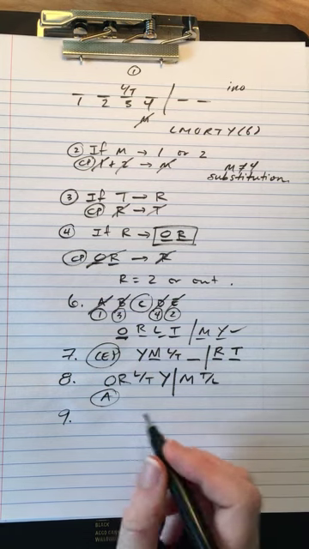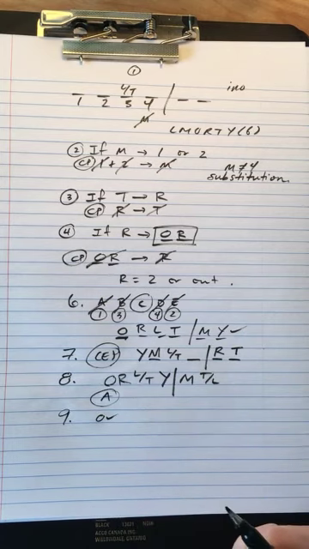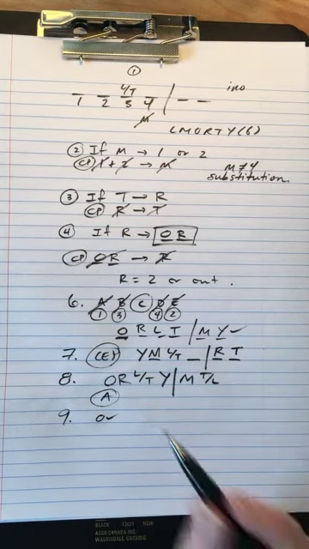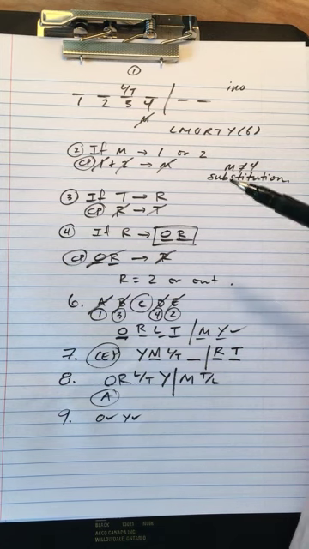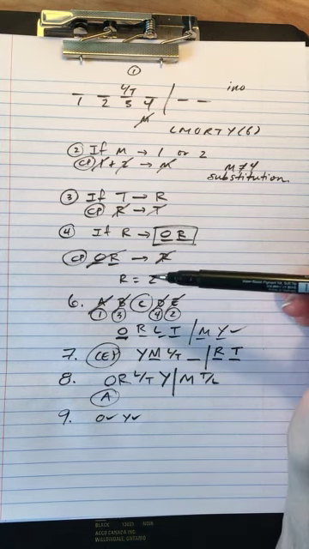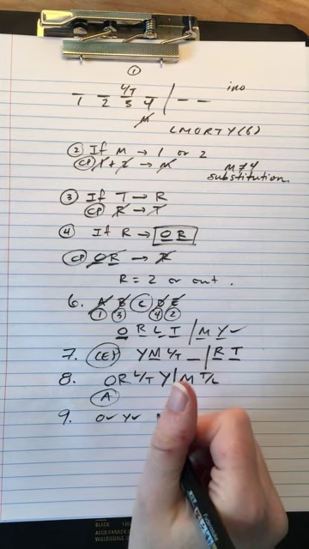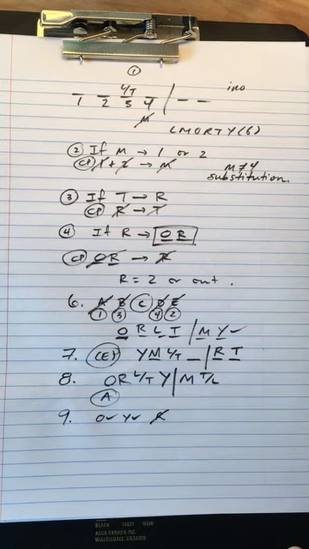So we know that O could be, right? We know that Y could be. We know that R cannot be. Okay, so we can eliminate R. If T is in, then that forces R to be in.